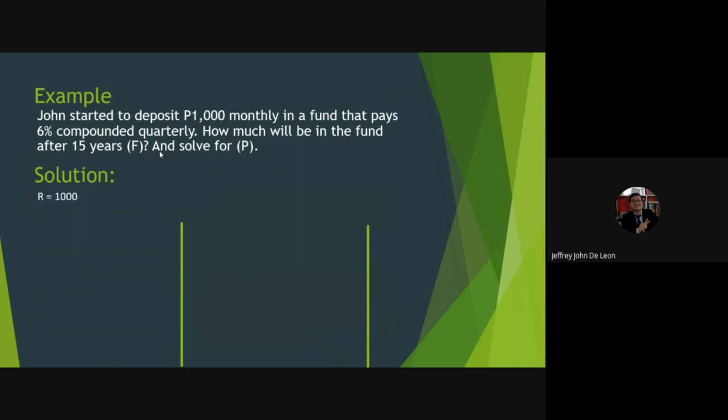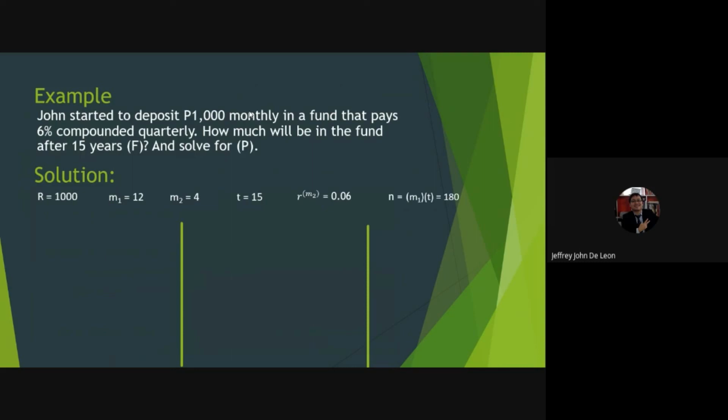Since it's a general annuity, let's identify the following. R is 1,000 pesos. M sub 1, the payment interval, is 12 because monthly. M sub 2 is compounded quarterly, so M sub 2 is 4. T is 15 years and the rate is 6%.